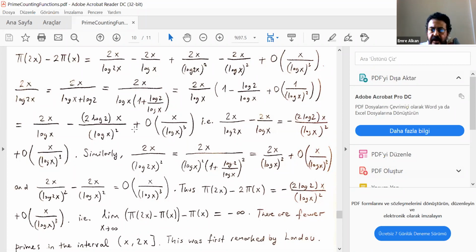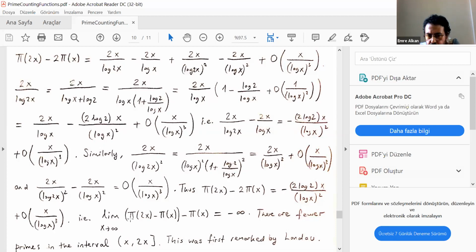Okay, now we have verified in an interesting way the following, that the limit as x goes to infinity of this thing is definitely negative infinity because this is the heaviest term, which is negative. But now this is pi 2x minus pi of x minus pi of x. I can just write it like this, and I see that it's going to minus infinity now. I have verified it.